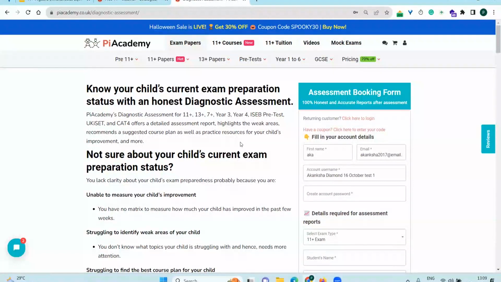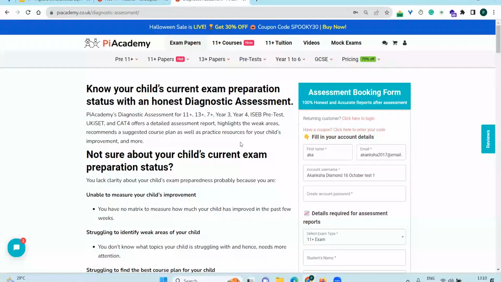But meanwhile, do check out the diagnostic assessment, because with it we really drill down into which topics and subtopics your child is struggling with. The plan that we come up with keeps the child's weaknesses and strengths in mind. It also keeps in mind when the child is going to be appearing for the 11 plus exam, whether it's for grammar school or independent schools.